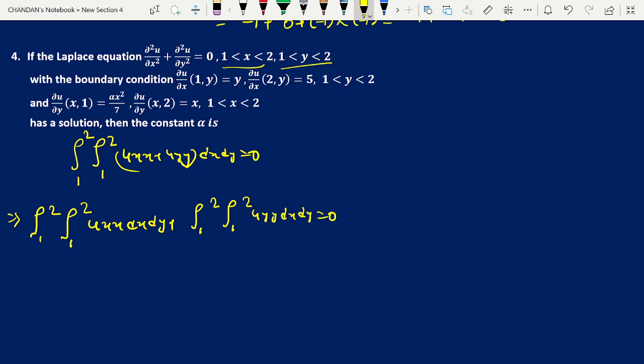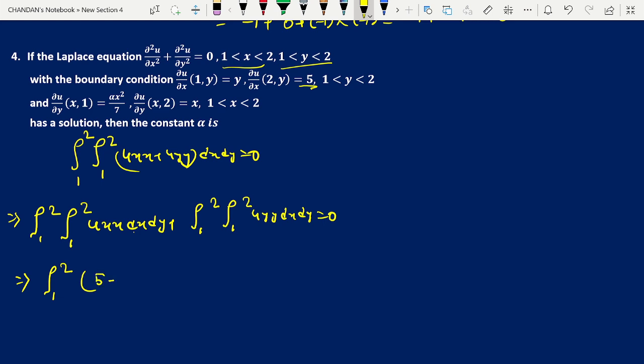Now, if you integrate u_xx with respect to x, we get the change in u_x, and we put the limits. What is the upper limit? 2, so u_x(2,y) is given as 5.